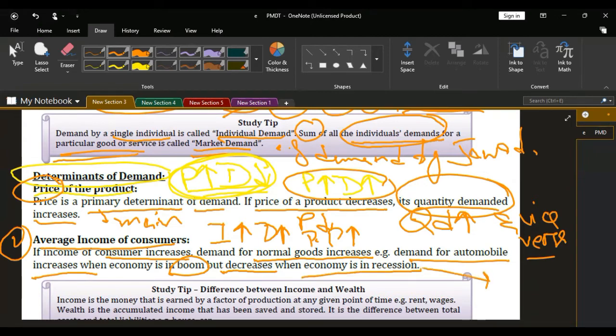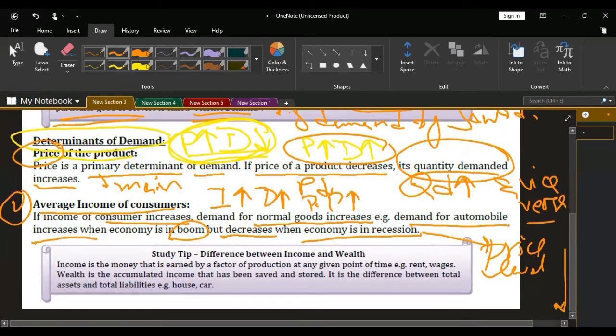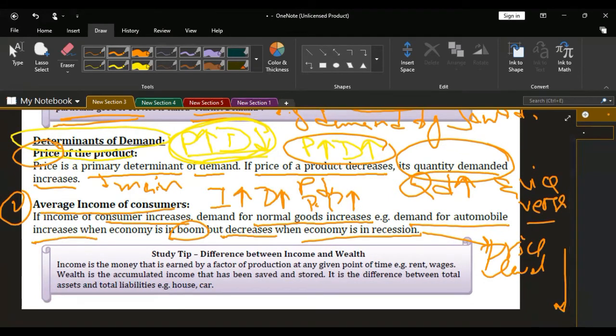Recession means the price level decreases. So income has a direct relationship with demand. If the income of a consumer increases, its demand increases due to the increased purchasing power of the consumer.